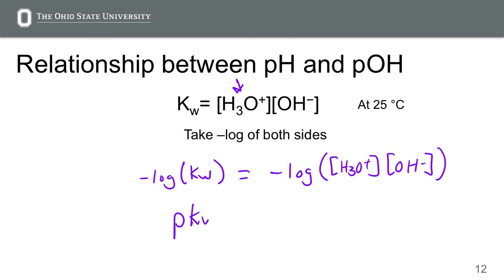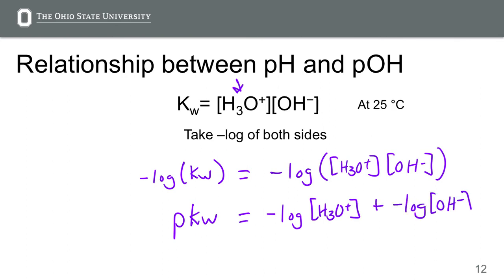So pKw is equal to, we've got to follow our rules for logs here, minus the log of H3O plus minus the log of OH minus, because when we're multiplying things together inside the log, it's the same as taking them outside, doing log of both, but adding them together.